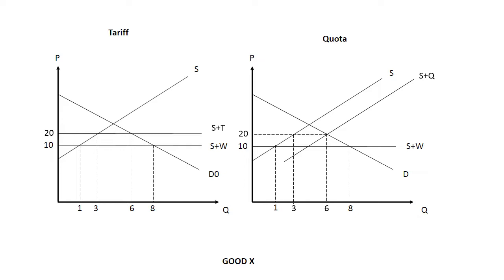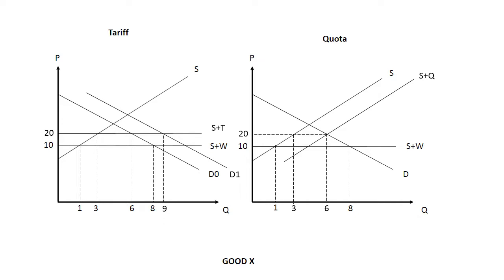Next, let's assume an increase in demand, to see whether the tariff or the quota is more restrictive. If there is an increase in demand and the demand curve shifts from D0 to D1, quantity demanded will increase from 6 to 9.